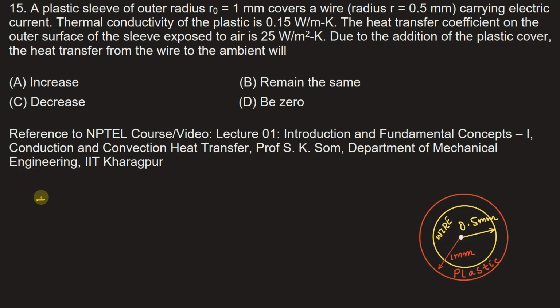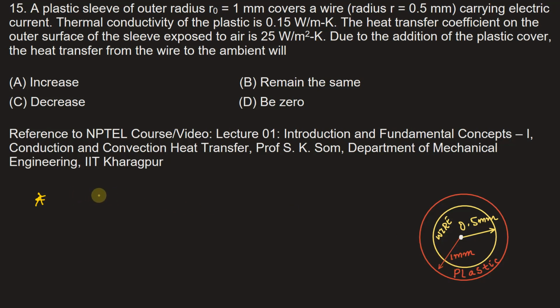So the first effect, let's write here: the conduction resistance increases due to increase in outer radius. Since the outer radius of the wire is increased from 0.5 mm to 1 mm, the total radius increases. So what happens?